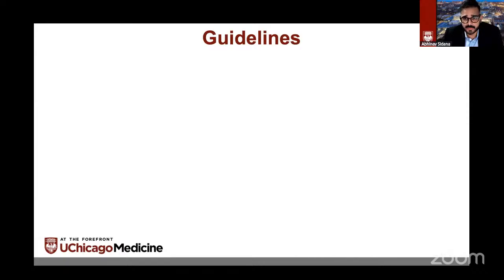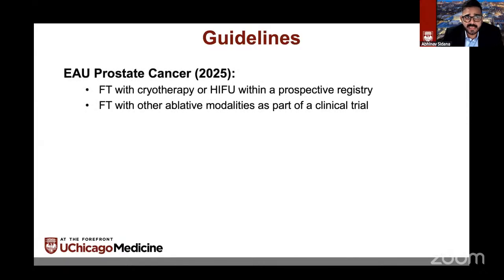selection for focal therapy. So if you look at EAU 2025 guidelines, they recommend focal therapy with cryo or HIFU within a prospective registry and with all other ablative modalities as part of a clinical trial, but they do not shed any light on selection of appropriate candidates.